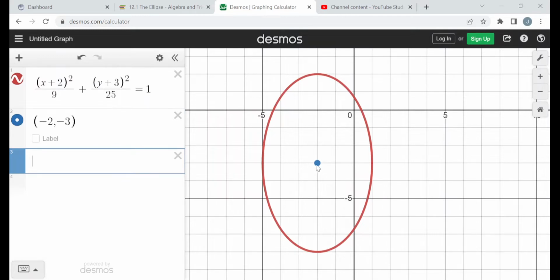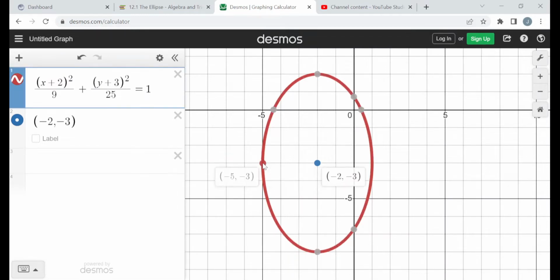All right, hopefully you see the center here, negative 2, negative 3. And you see how 3 units to the left, negative 5, negative 3. That's one of the co-vertices. And then 3 units to the right, 1, negative 3, another co-vertex, which is exactly what I wrote on my paper. So, looks good. Looks like they match.